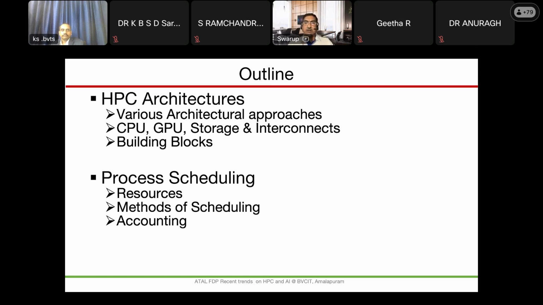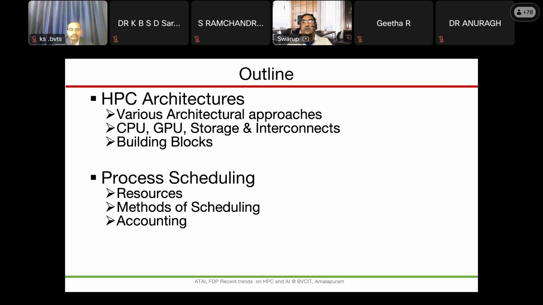The outline of the presentation is the approaches of various architectures. In today's scenarios, even if you take any supercomputer, it is a hybrid mixture. We call it a hybrid supercomputer, which means CPU plus GPU. Whether you call it a GPU, an accelerator, or a coprocessor, it is all the same, hybrid in nature.